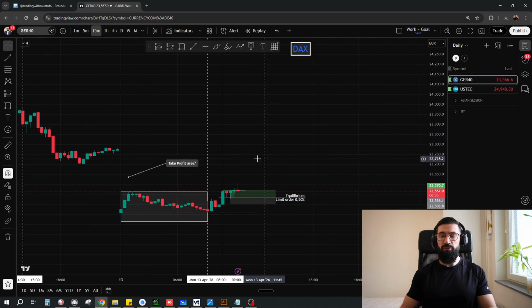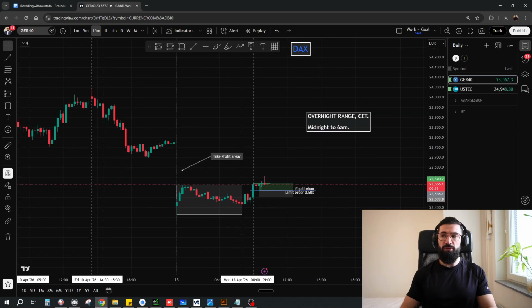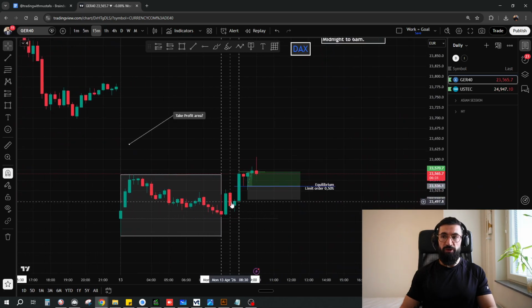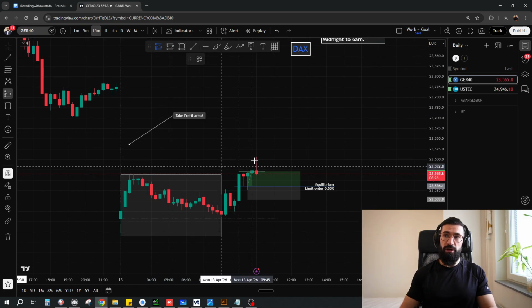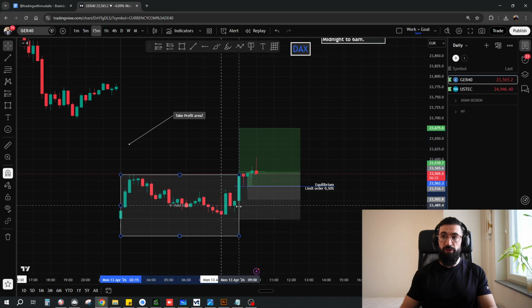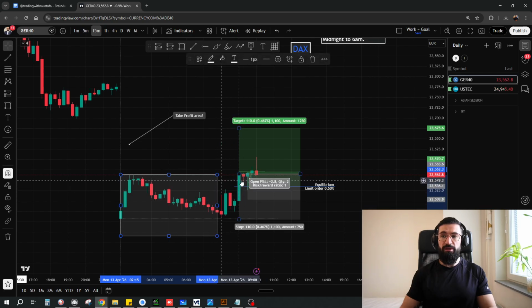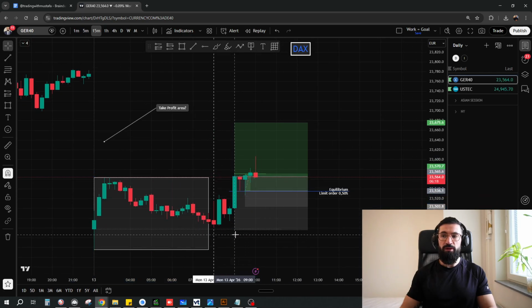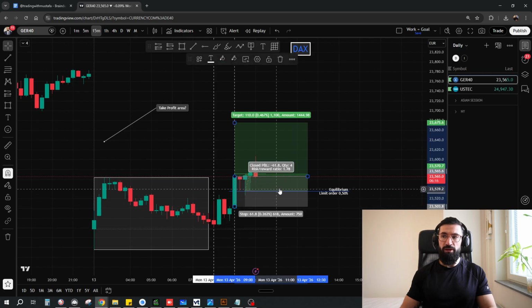So what did I do? I waited for the first 15-minute candle to close. And if I had taken this trade right here, the first 15-minute candle closed over the overnight range. If I had taken this first 15-minute candle right here, this would have given me a 61-point stop loss.